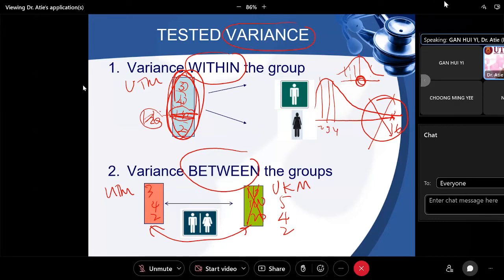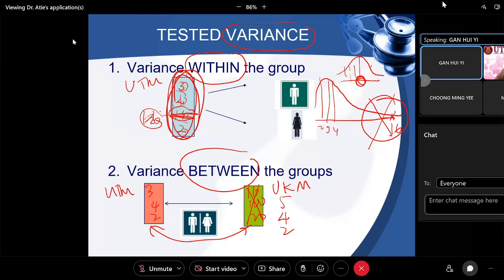Okay. Just tell me, Huyi, what do you understand by variance between the groups? You compare with two groups. Okay.